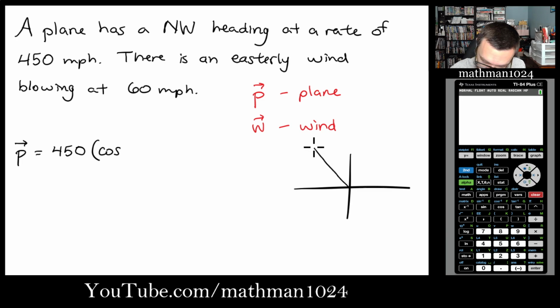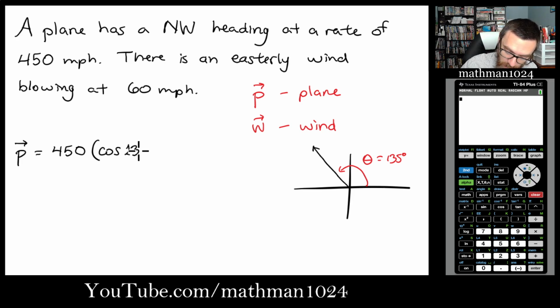So this is going to be northwest, which means that we have an angle measure here of 135 degrees. So we have 450 times cosine of 135 degrees times the unit vector i plus sine of 135 degrees j.